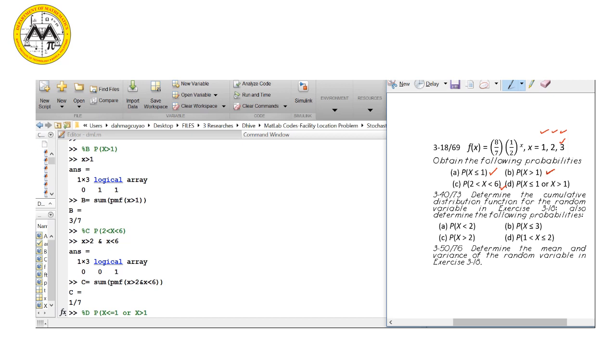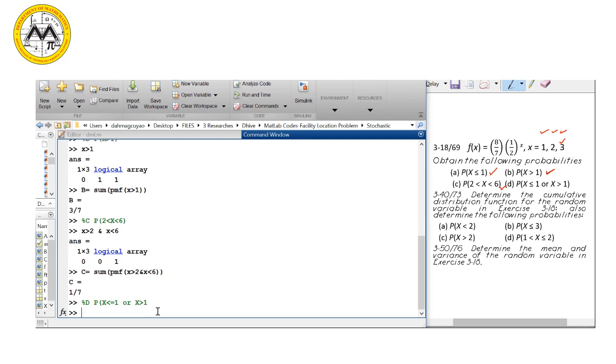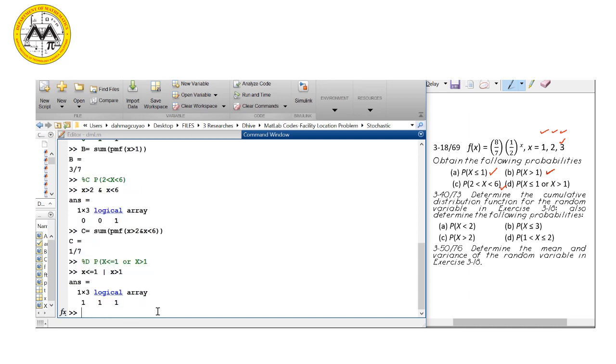So this is supposed to be the sample space, but we can check that. We check x less than or equal to 1 or x greater than 1, where or is this operator. So all elements satisfy the condition.